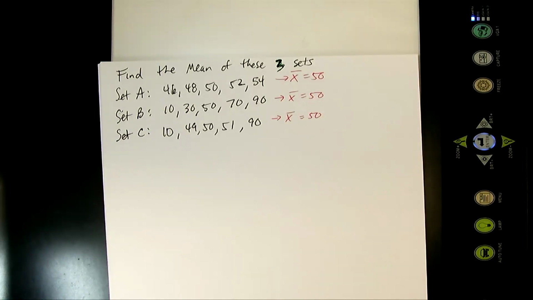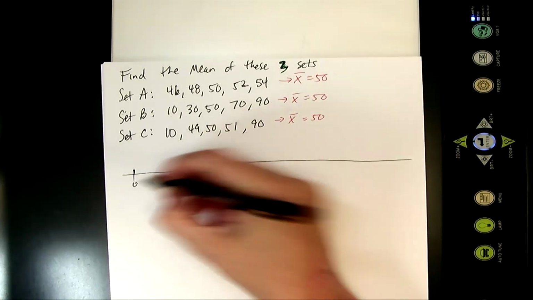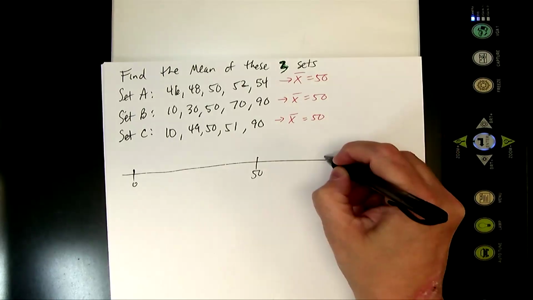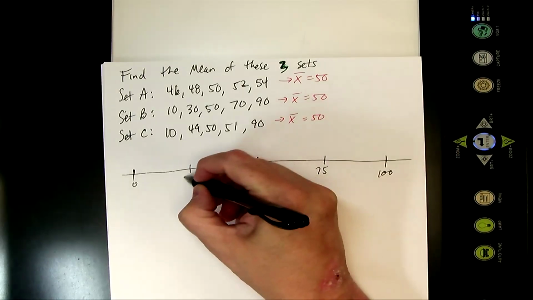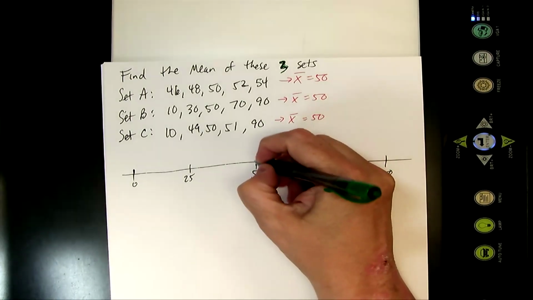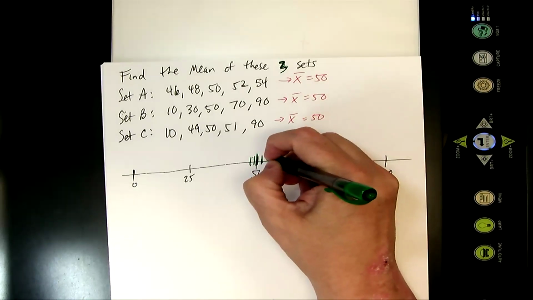Now, if I were to do these on a number line from 0 to 100, set A is like that.